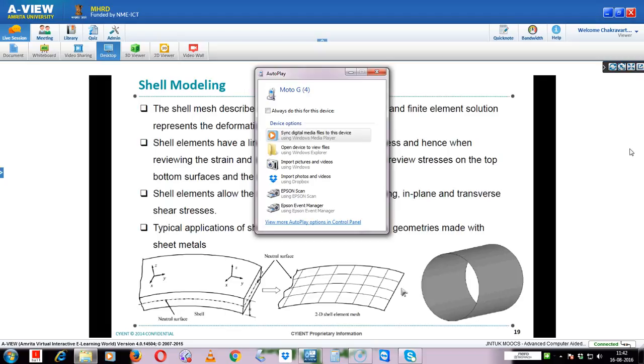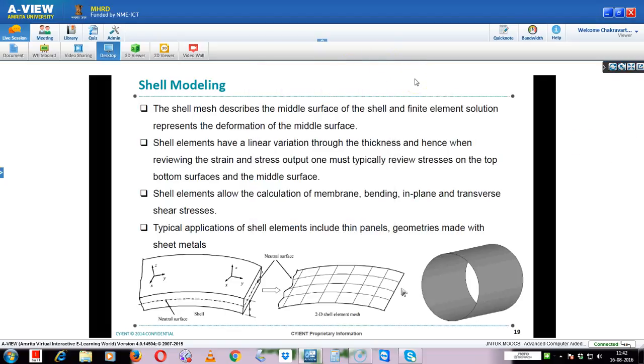When you solve this problem by applying loads, each element will have three results: top, middle, and bottom.